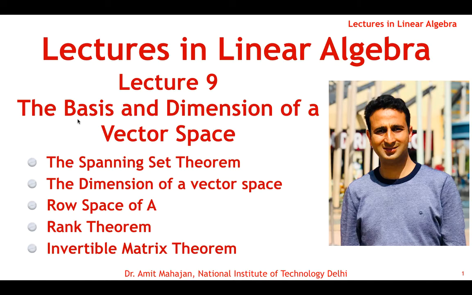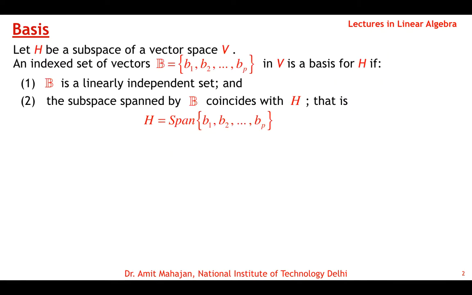First we'll take the definition of basis for a vector space or a basis for a subspace of a vector space. Okay, so we know that if you are given a space R3, and a subspace which is spanned by one vector, we know it is a line passing through origin, and so you know that there are infinitely many members on that line.